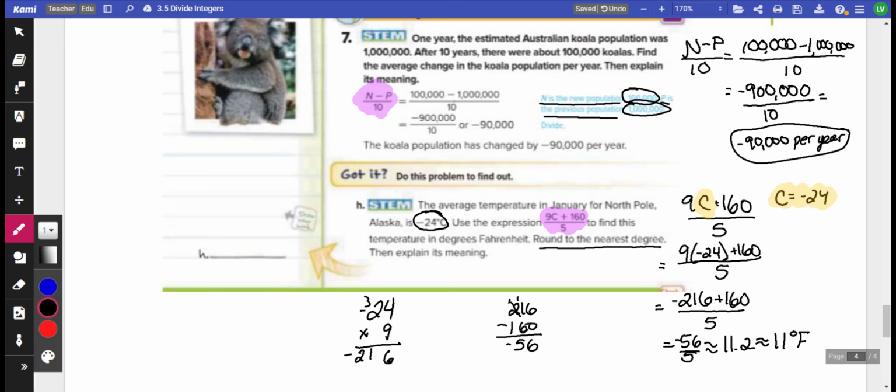So 11 degrees Fahrenheit, that should be negative 11 degrees Fahrenheit. And the reason being is you have a negative divided by a positive. So negative 11 degrees Fahrenheit.